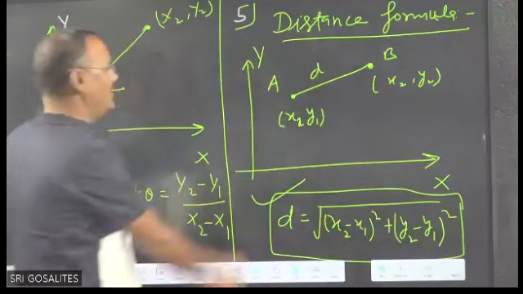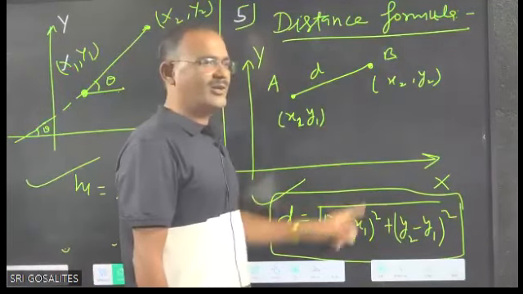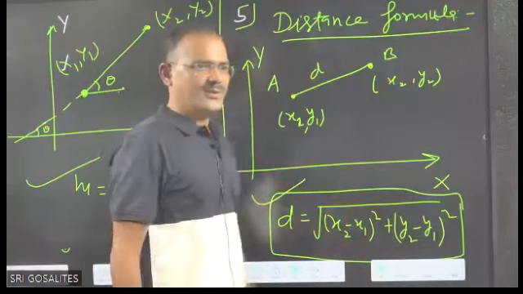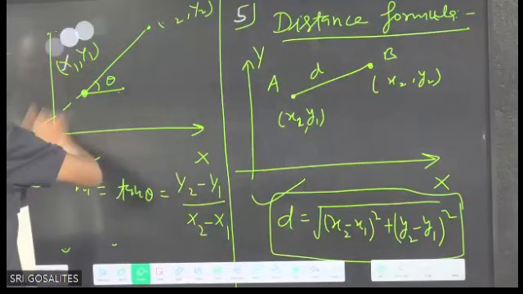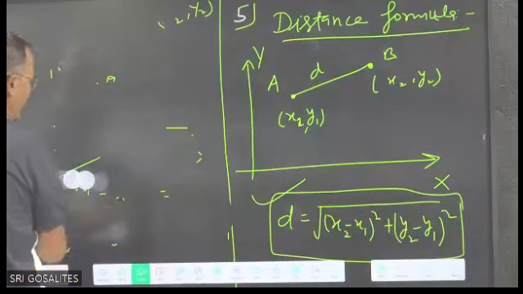This is called distance between 2 points A and B, which are having the coordinates x1, y1 and x2, y2. Okay, right. Copy kariye. Those who are knowing it's good. Those who don't know this, please copy this beta. So I will tell you the explanation why we are doing like this.